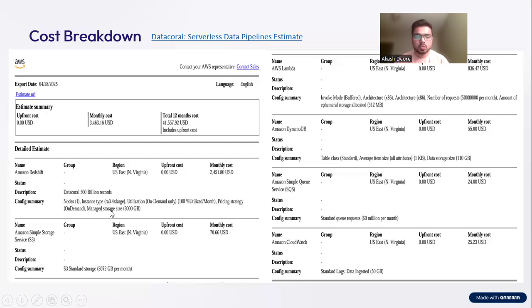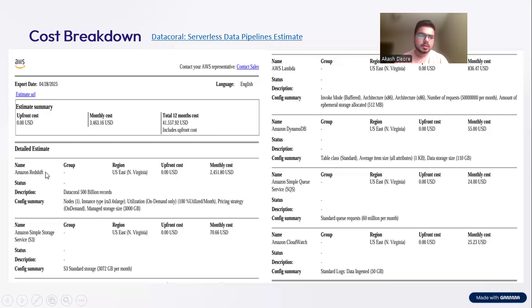And the storage size I have taken as 3000 GB. I have kept the location for all of my services as the one which is closest to me, that is US East North Virginia.